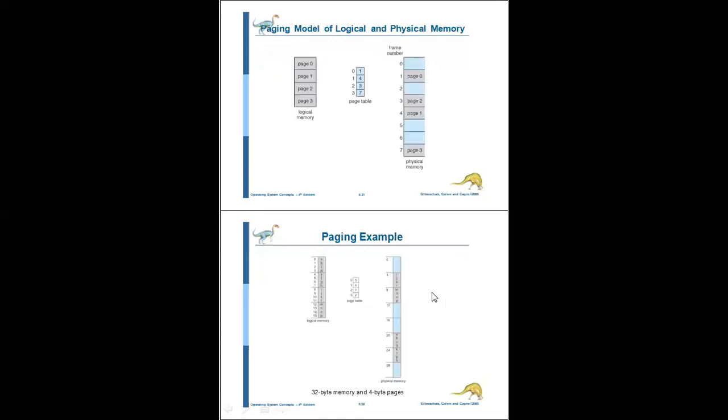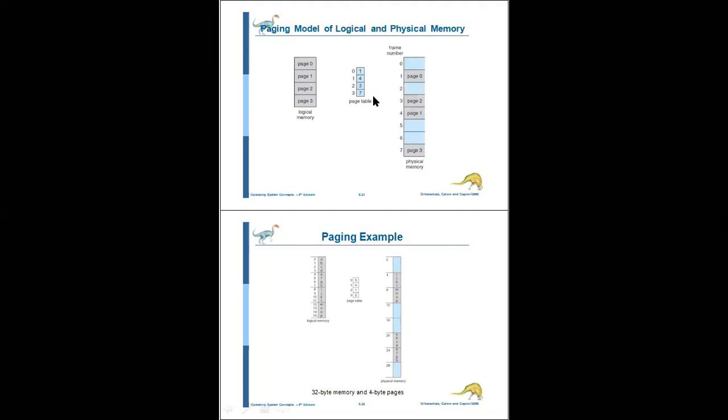Same here in the logical memory. The pages are the index 0, 1, 2, 3, and the frames are 1, 4, 3, 7. At frame 1, which page is stored? Page 0. At frame 4, page 1 is stored.